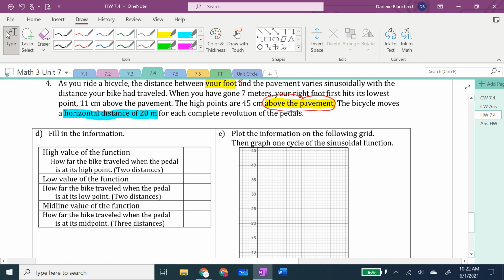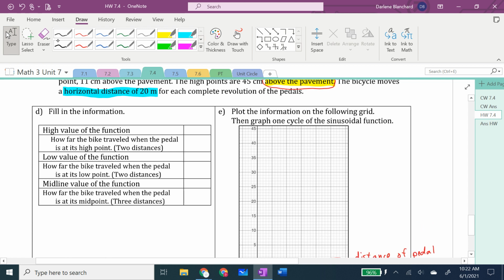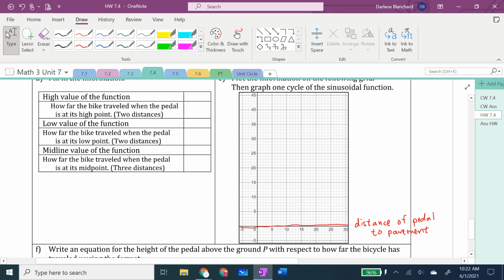When we're dealing with our sinusoidal graphs, this is what I need to point out. When I'm dealing with the sinusoidal graphs, the vertical is the thing going up and down. So what is continuing to go up and down and up and down?